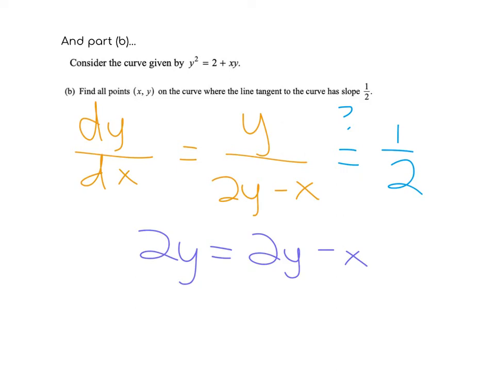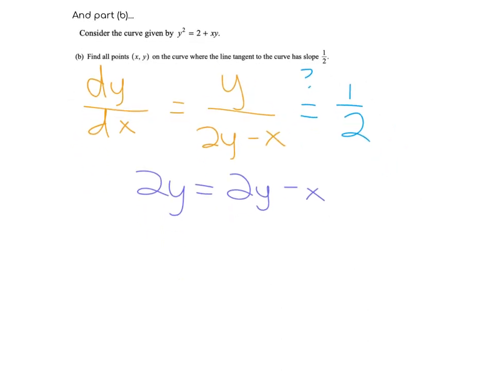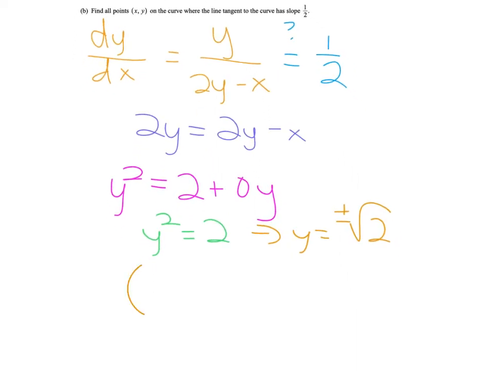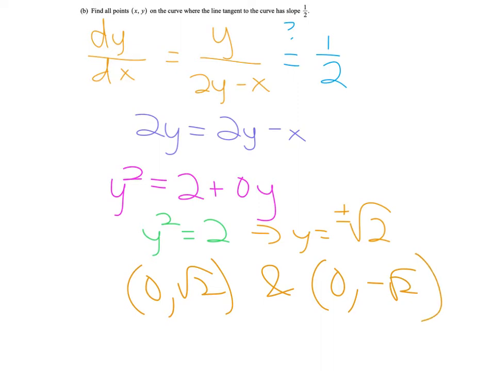And so when x is 0, we've got to go back to the original function with that x is 0 piece. So we have y squared equals 2 plus 0 times y. So that means that y squared equals 2, which means y is the square root of 2. Oh, don't forget the plus or minus. I bet some of you will forget that. So you need to have 0 and the square root of 2, and then 0 and negative square root of 2. And that's it.